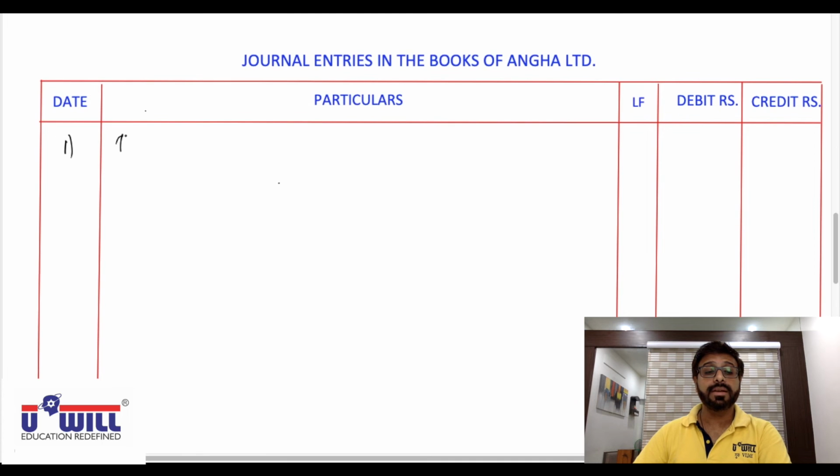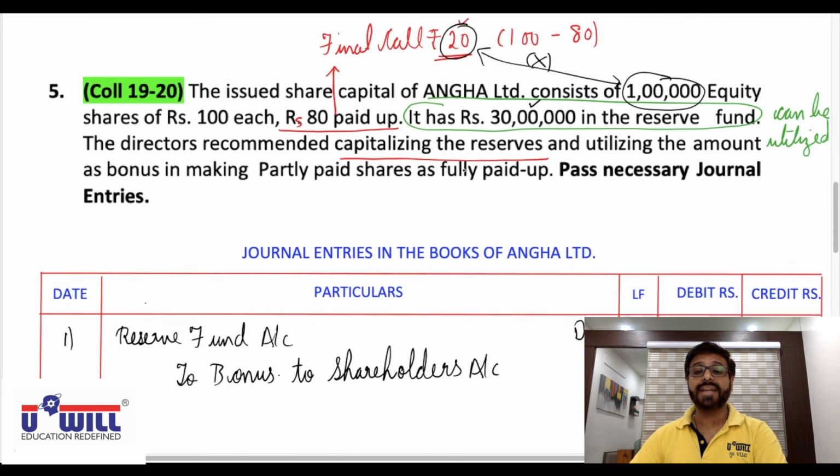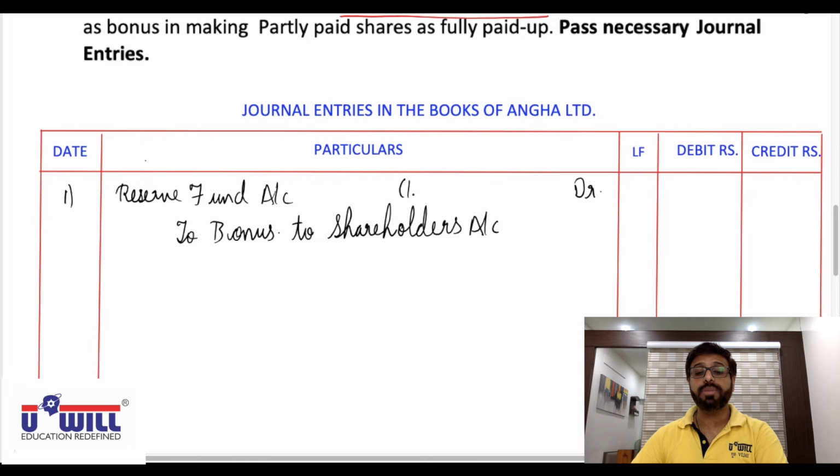So reserve fund account debit to bonus to shareholders account, and as we discussed, what amount? 1 lakh shares into 20 rupees of final call is to be given in bonus.